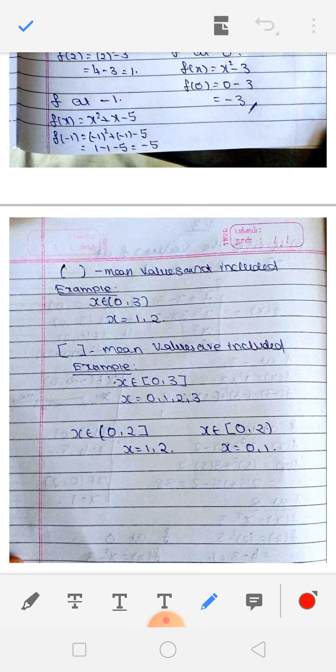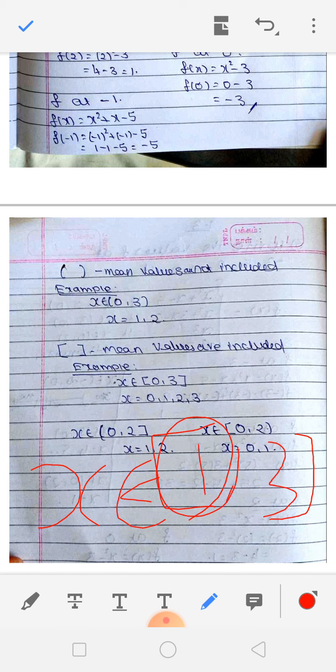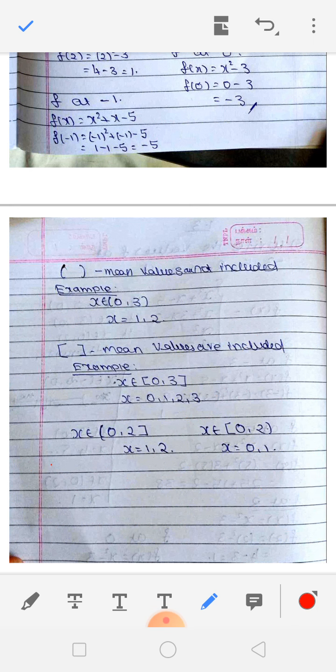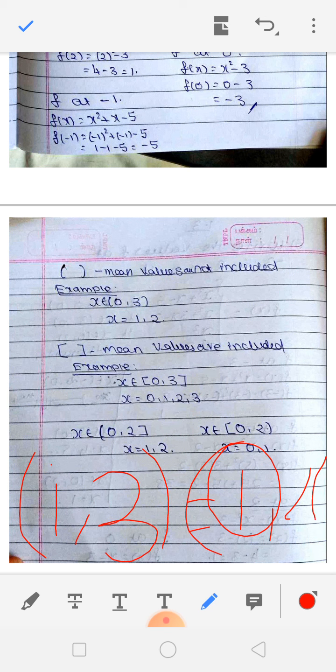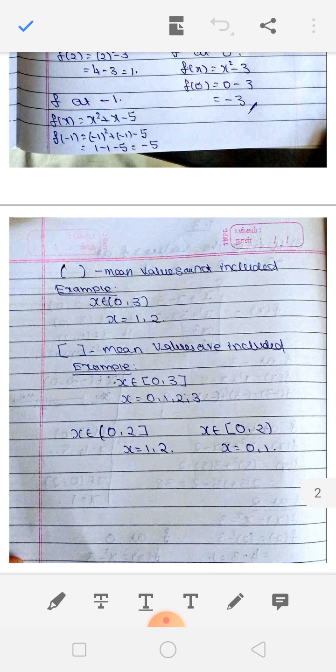Suppose x belonging to closed bracket 1 comma 3: 1 is also included, 3 is also included, and in between 1 and 3 we have the value 2. So 1, 2, 3 is the answer. For open 1 comma 3, 1 will not be added, 3 will not be added, just 2 only.